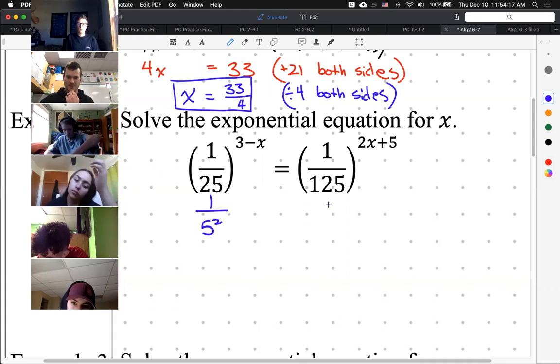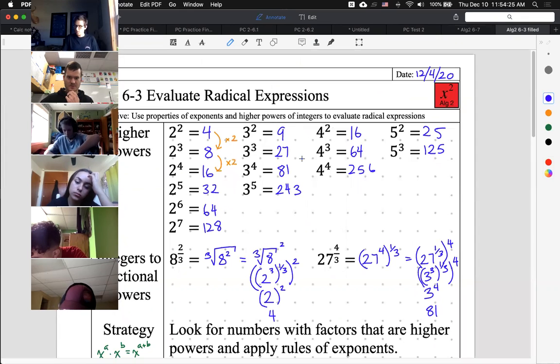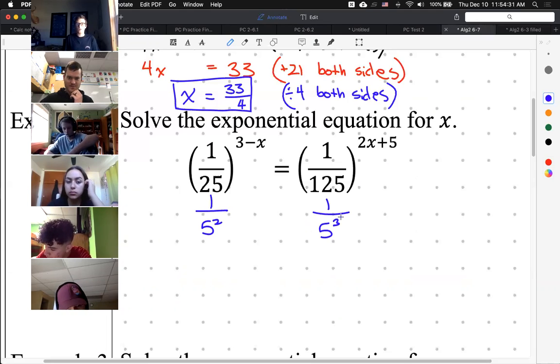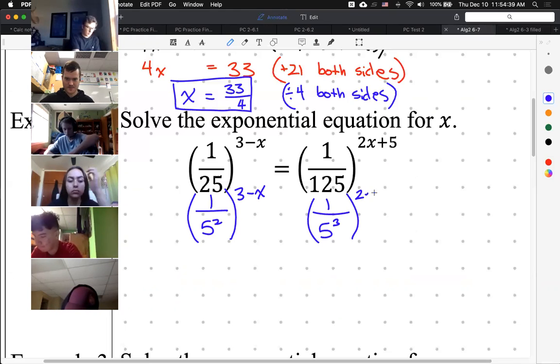And what about over here? That would be 1/5 to the third power. There it is, 5 to the third power. And we rewrite, yes, this is 3 minus x, and then this is the power of 2x plus 5.